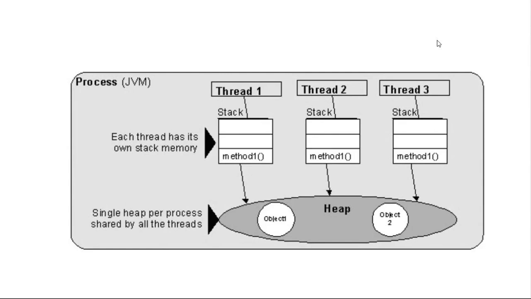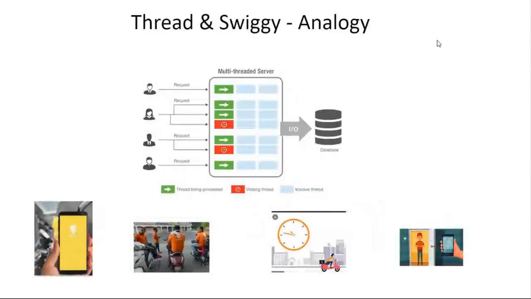All these requests will be handled by threads, and it is going to be limited by the number of threads as well, right? So you're going to configure the threads in such a way that you can handle the required load. That is the definition of a thread, to keep it very simple. Okay, I'll explain the thread in a little bit simpler way so that you can understand how threads are created and what the various states of a thread are.